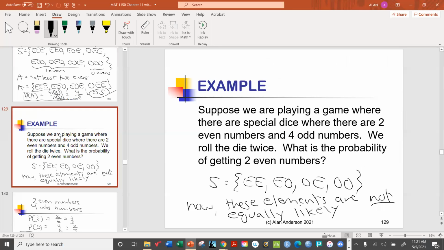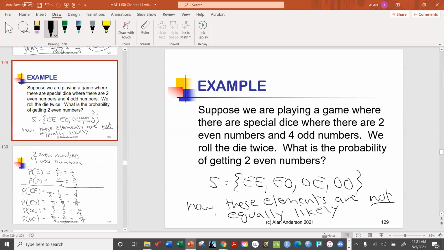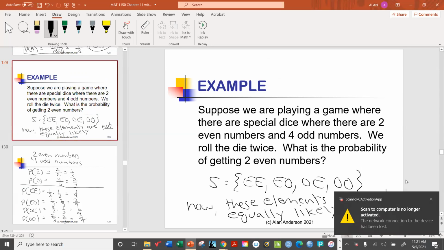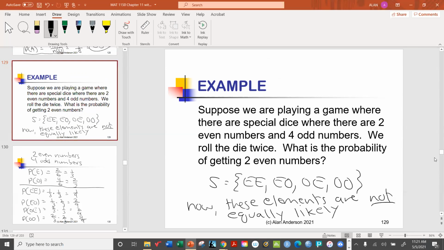All right. So what if we had the following scenario? We're rolling the dice, but now we're using special dice. These are oddball dice. These are not normal dice. These contain 2 even numbers and 4 odd numbers. Wow, that's a weird set of dice.